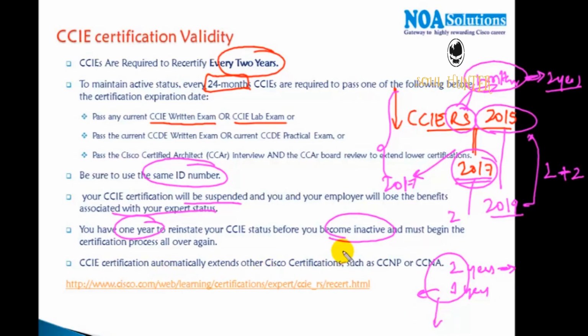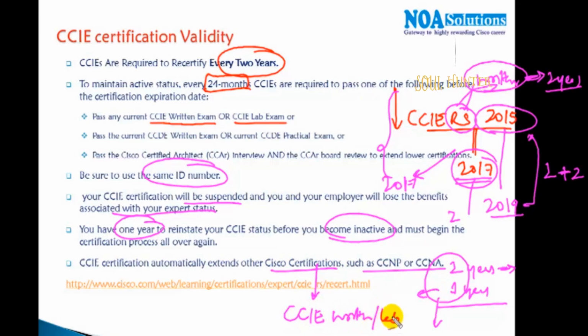If you do anything after 3 years, you have to start the overall process again from the basics. Whenever you do CCIE certification, it extends all the remaining certifications like CCNA and CCNP. So you can directly write the CCIE written exam and then the lab exam without any CCNA or CCNP certifications.